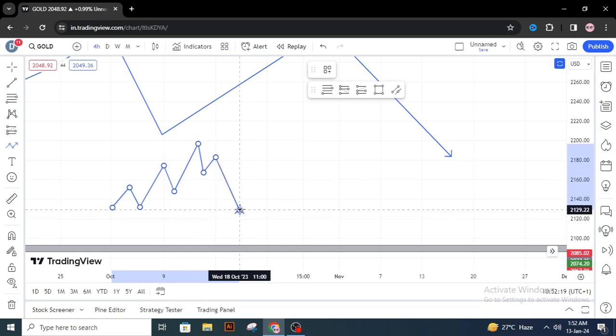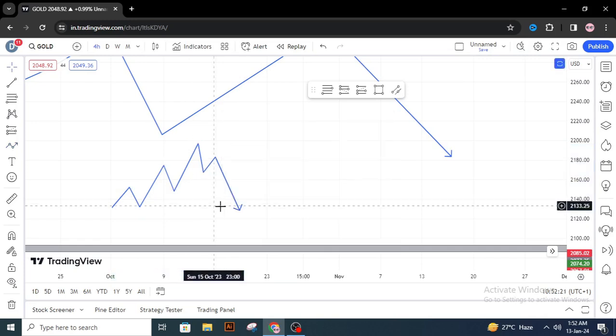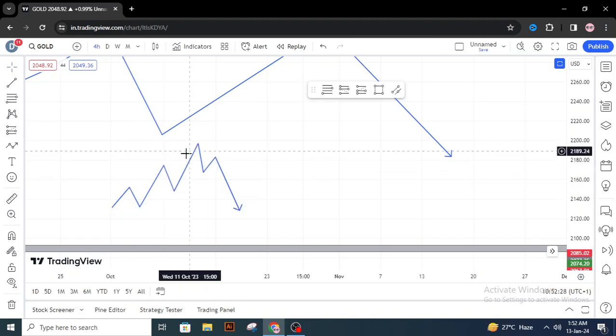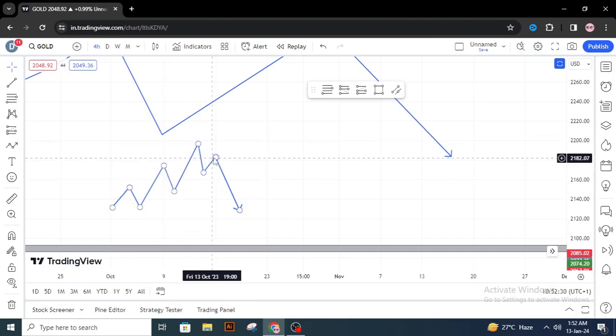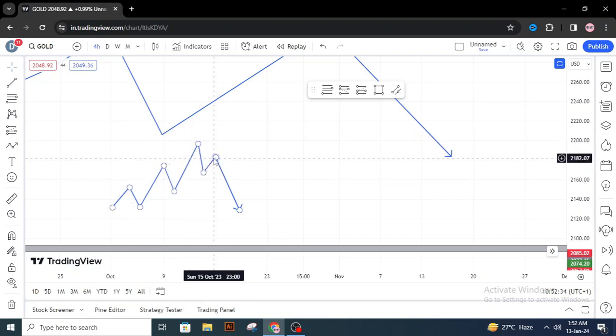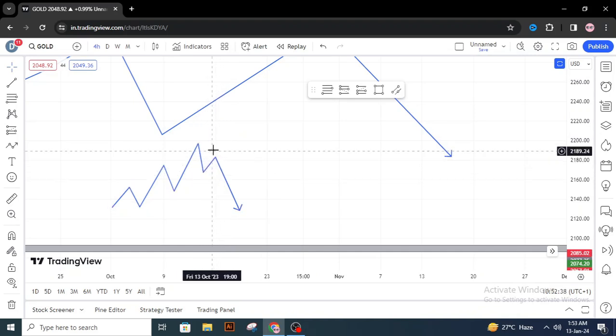Let me show you what is happening here. If you look at it, you will discover that the market makes a higher high, another higher high here, but fails to make another higher high here. So what happened is that this market fails to push above, meaning the price is struggling a little bit.